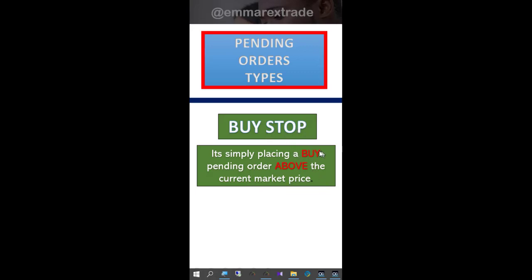Buy stop is a buy, but it is located above the current market price. You have looked at the market, it is down, and you have analyzed that the market is going to move up. So you want to go to that high price and wait for it. To wait for it, you have to use a buy stop order.